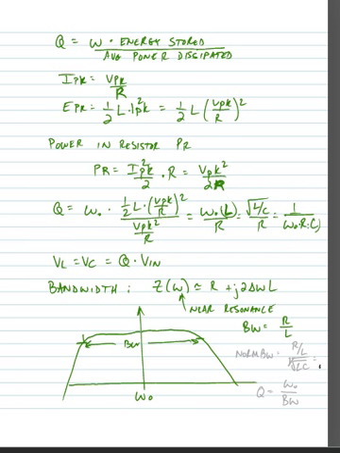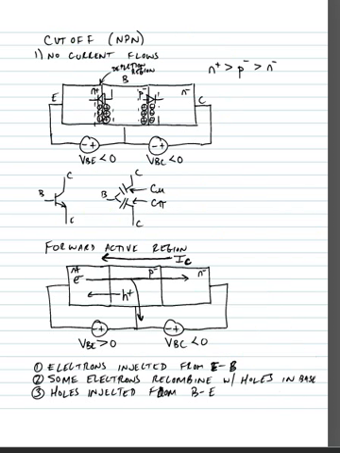And if we normalize this to omega naught, the normalized bandwidth is equal to R over L over 1 over the square root of LC. And we would find this to be equal to 1 over the quality factor.